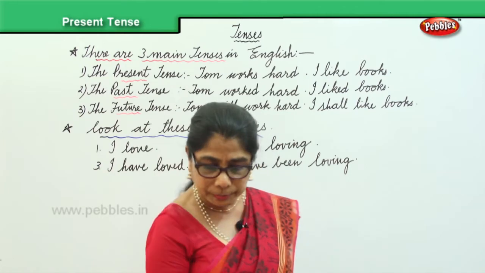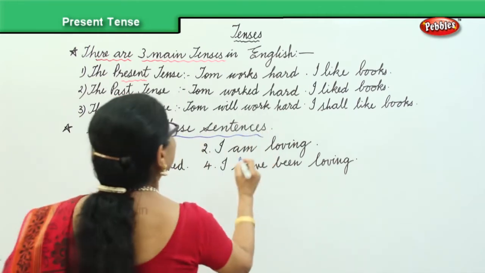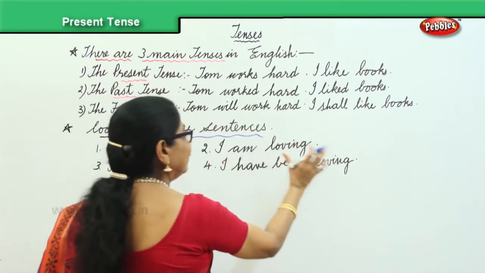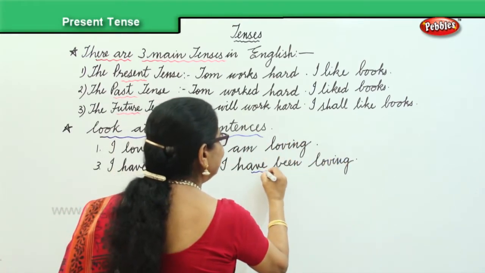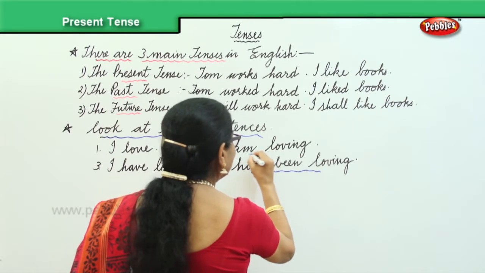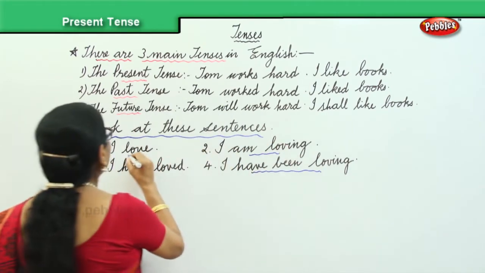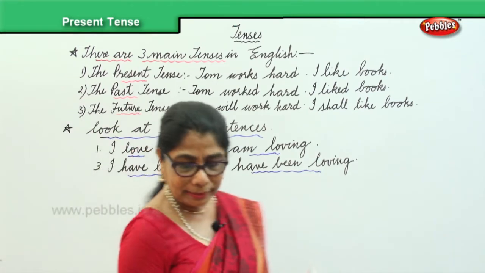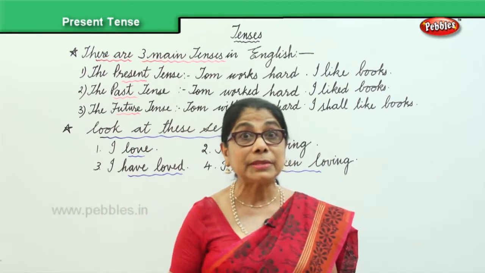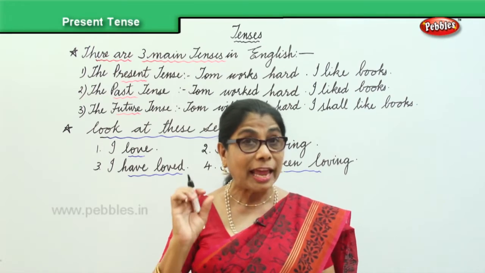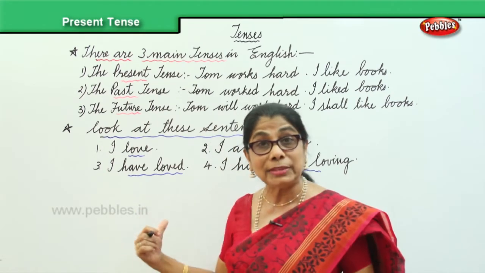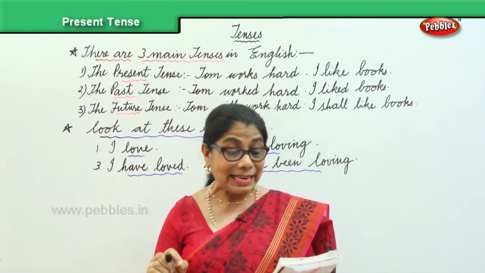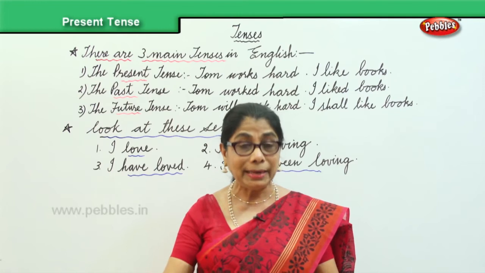Now look at the verbs. We are looking at the verbs: I love, I am loving, I have loved, I have been loving. When we look carefully at the verbs in the 4 sentences here, we see the present time, now.